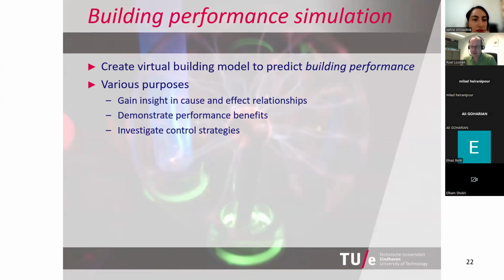So we can find correlations between design properties and performance, in terms of comfort and energy performance, so that we can demonstrate and communicate the benefits of these facades to clients or other stakeholders. And we can also investigate control strategies, from simple if-else based controls to very advanced model predictive control, to optimize both the design aspects and the control aspects of the technology at the same time.